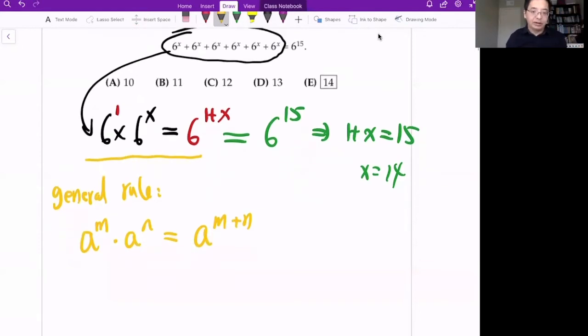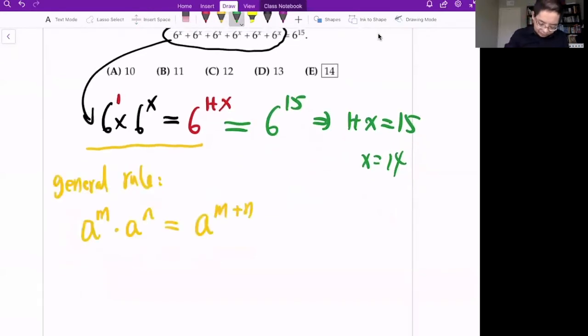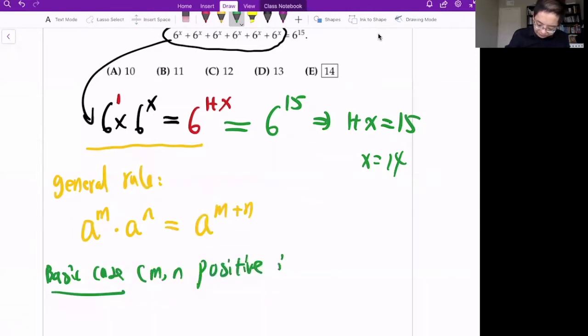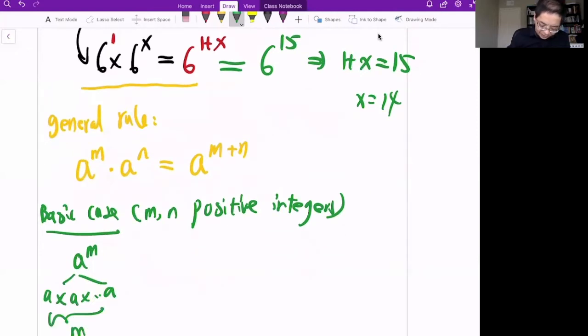But if we think of the basic scenario, where both m and n are integers, let's look at the basic case where m and n are positive integers. Then a to the m is a times a, m times, and you multiply by a to the n, which is a times a, n times.